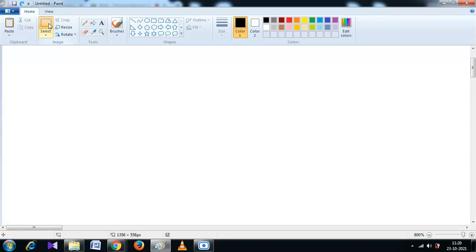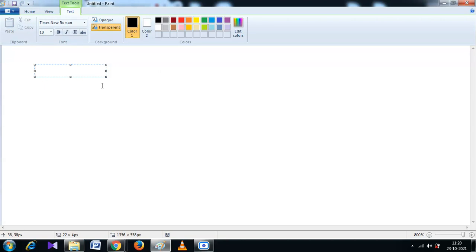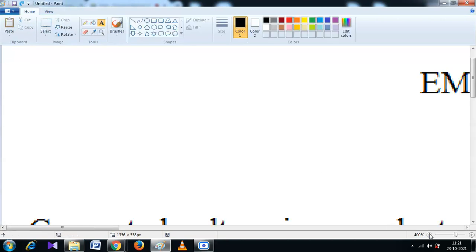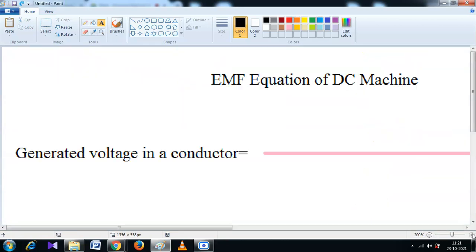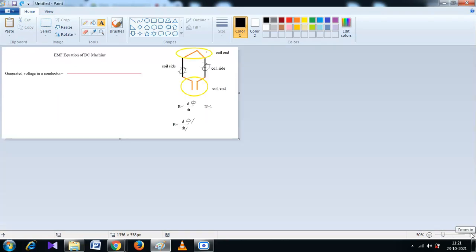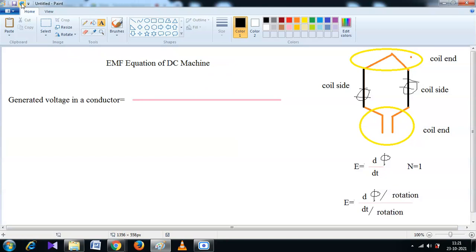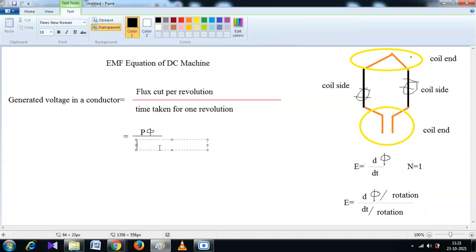Time taken is 1 by n. Then tell me what is the time taken for one revolution? 1 by n.